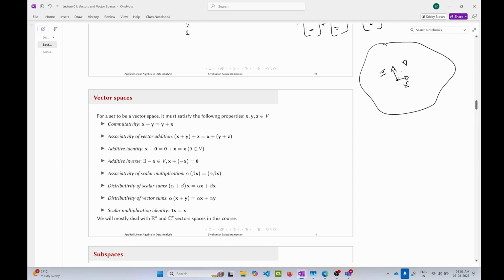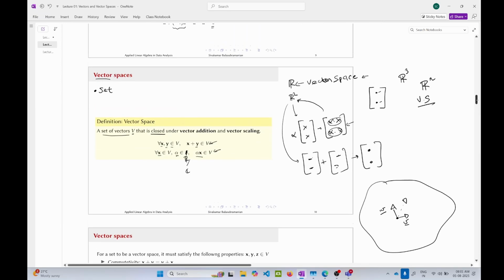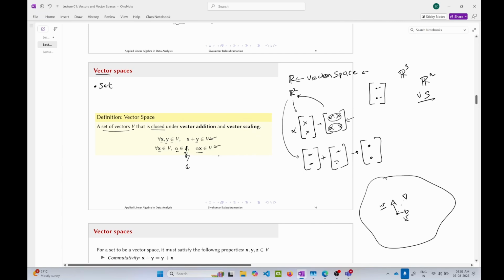I won't go into all of them, because these are simply extensions of properties of vector scaling and vector addition. I will only add one more thing here. A consequence of this definition is that if you have a vector space V, this vector space will always have the zero element. For example, what is the zero element in R?